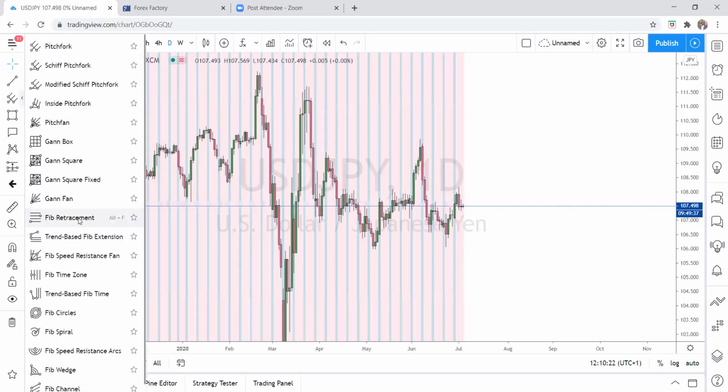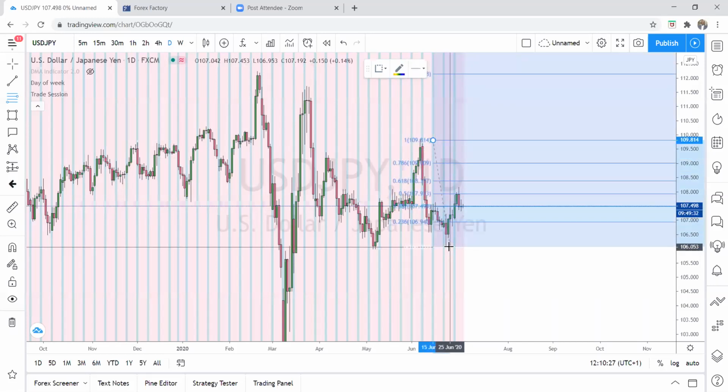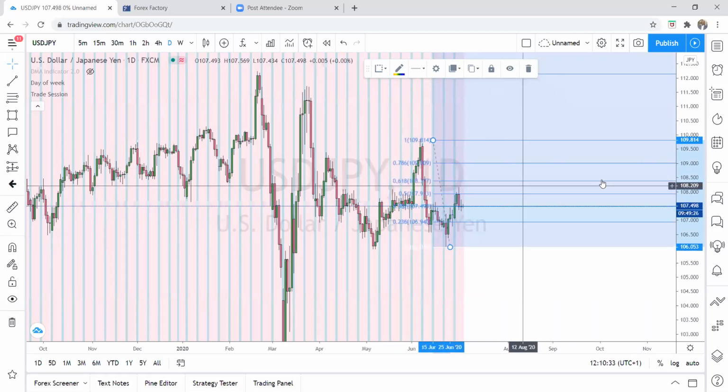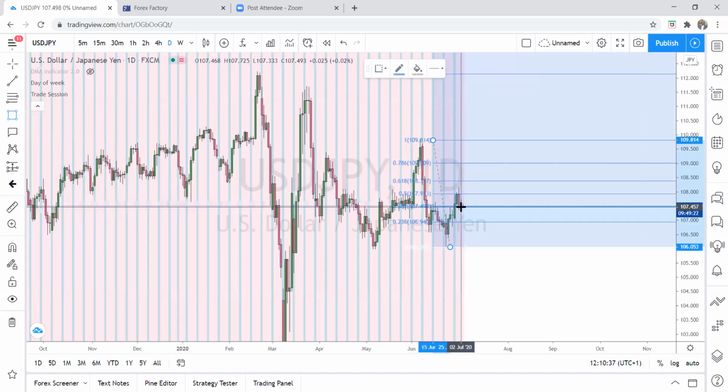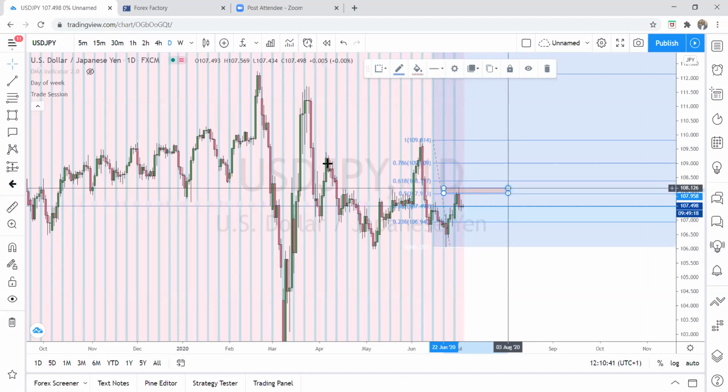So this is where the use of fib becomes very important. Fib from up to down on a downward move. You can see at 50% retracement, this market rejects. It rejected at 50% retracement. Can you see?